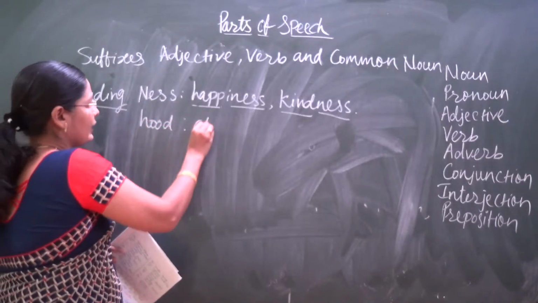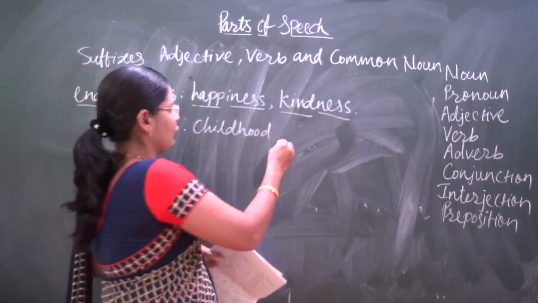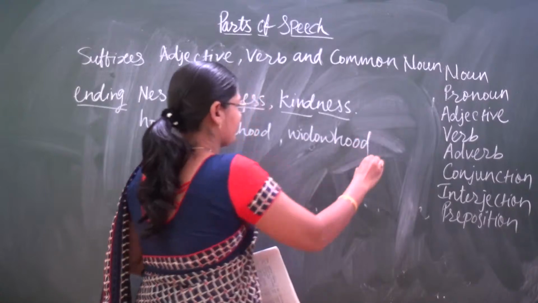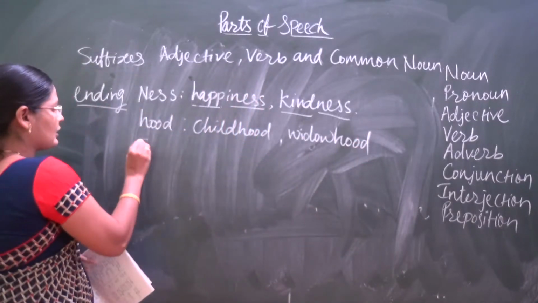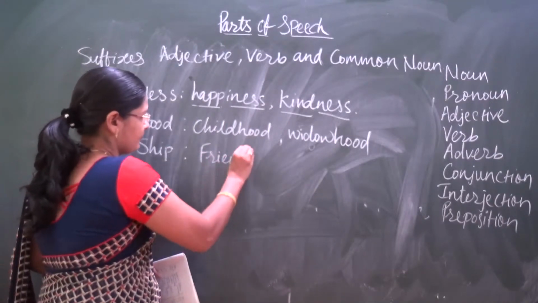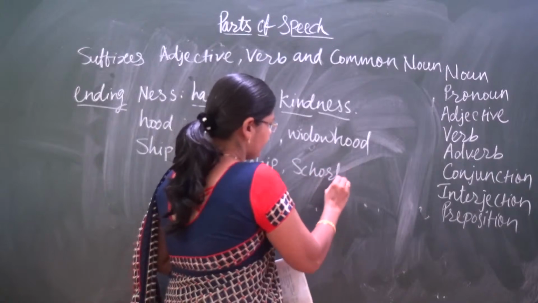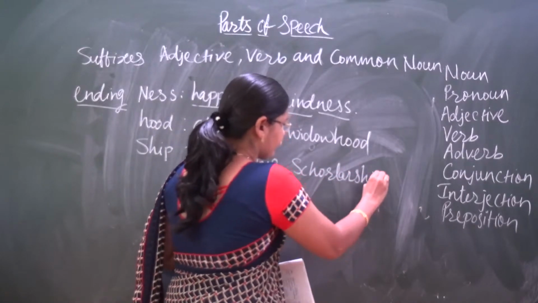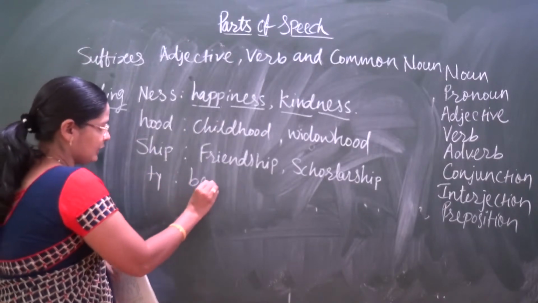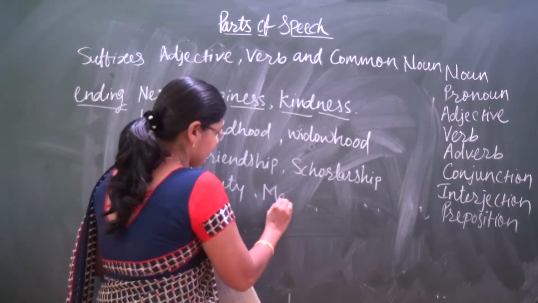For hood, childhood, widowhood. Next one is ship. Friendship, scholarship. Next ty, beauty, majesty.